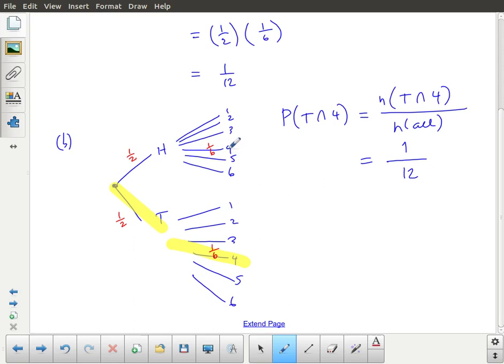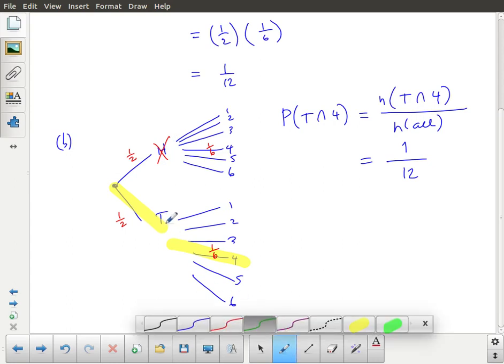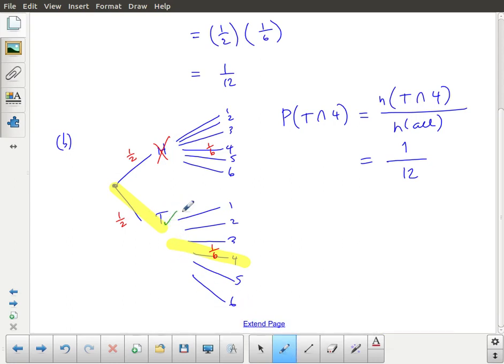Now this one up top that I labeled doesn't actually matter because that pathway is already disqualified because we didn't want to flip heads. Only this pathway to tails, that's the first one we want to take, and then the pathway to a 4.